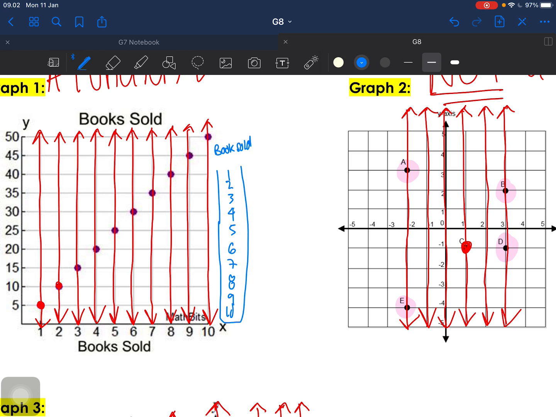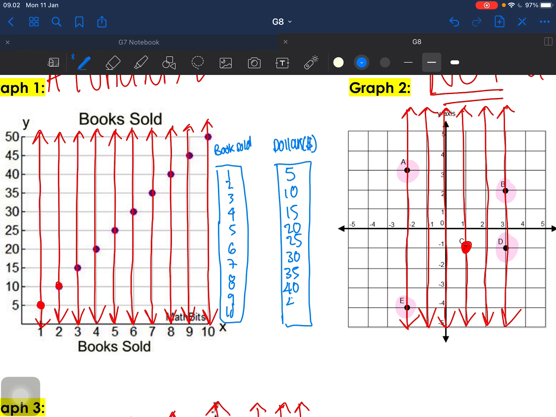And then we have the amount of money we get in dollars: 5, 10, 15, 20, 25, 30, 35, 40, 45, 50.